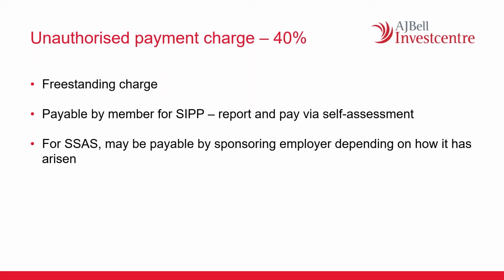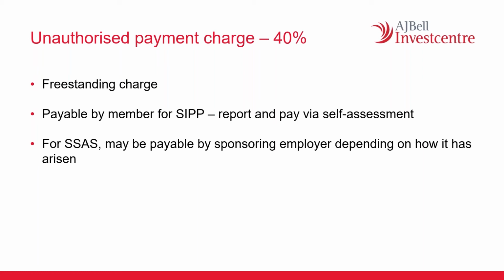For a SSAS, depending on how the unauthorised payment arises, it may be the sponsoring employer that's liable for it rather than the members. And if we're talking in the context of property and tenants, where the tenant company is not paying the rent and has no repayment plan in place, then if it's the sponsoring employer that is the tenant, the unauthorised payment charge will fall on the sponsoring employer.